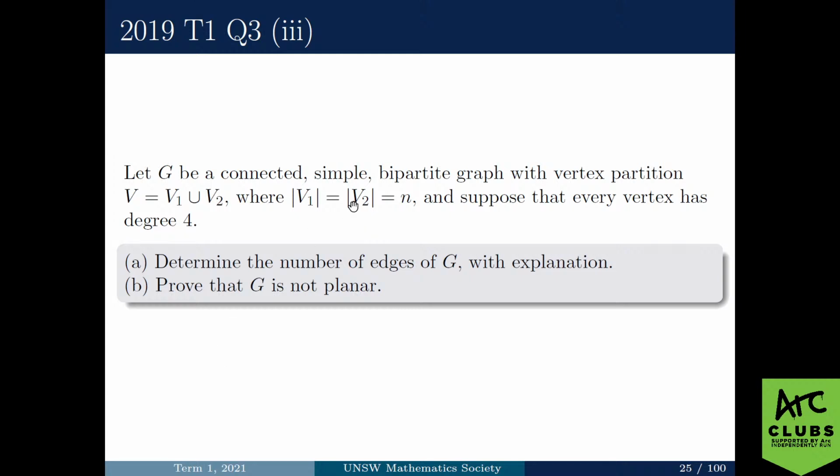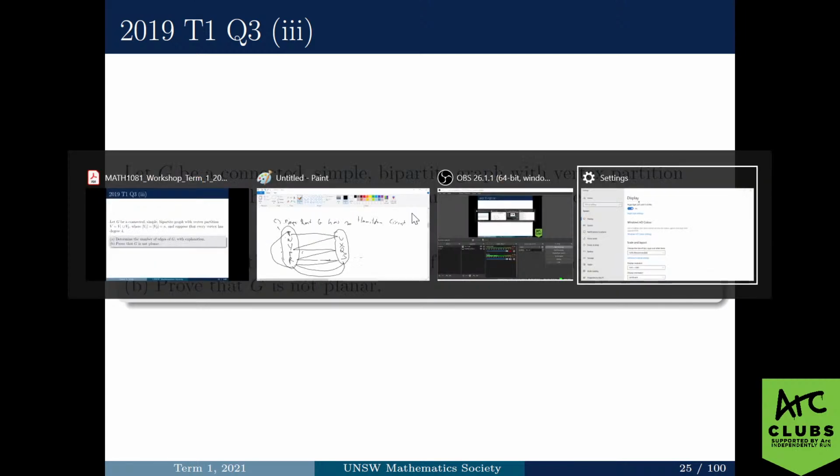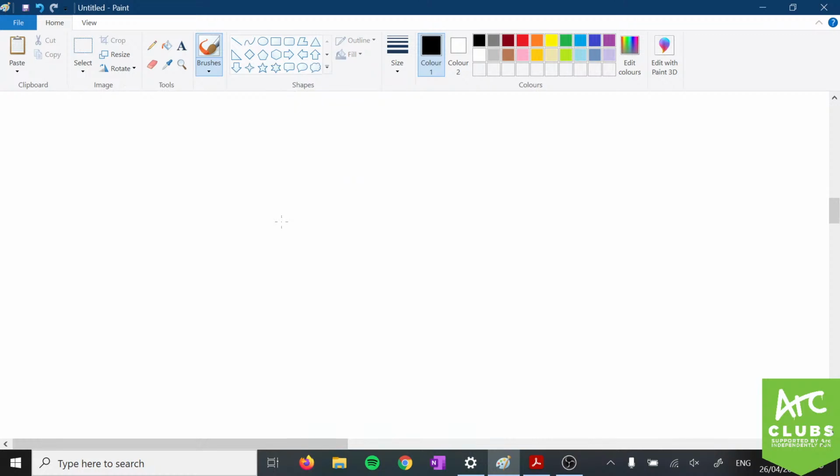How many vertices do we have? Well, this is a bipartite graph where the partition of vertices, the 2 groups we split off into, are both size n. So there's n vertices here, and n vertices in the other group. And so there are 2n vertices. I think it was a lowercase n, sorry.